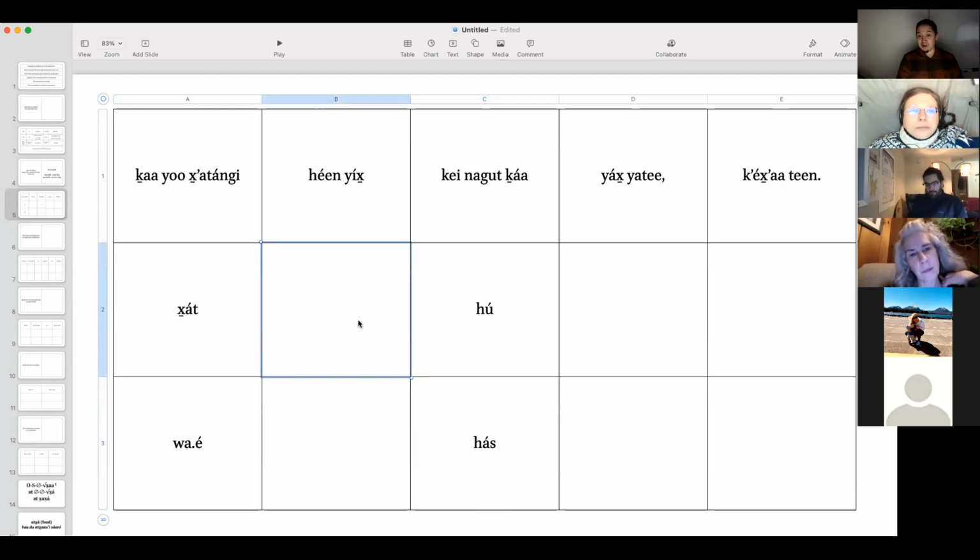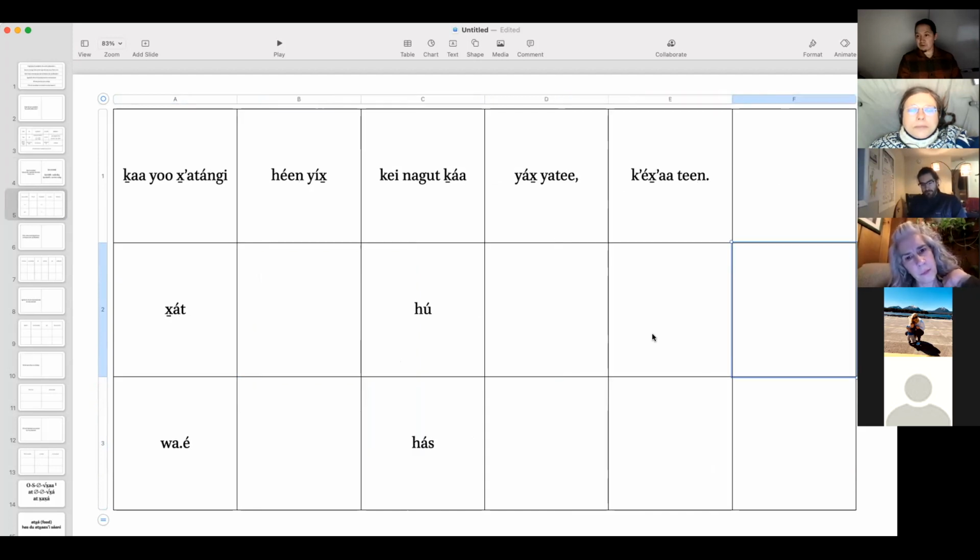But they do all have, oh, I guess I need one more category. So we'll put ka over here. So this is a person. So what's the possessive form of khat? Akh. What's the possessive form of wa'eh?